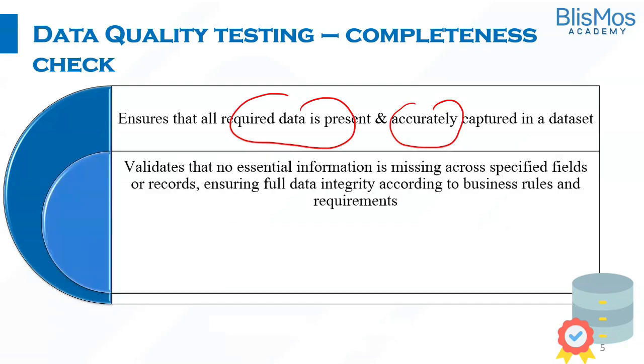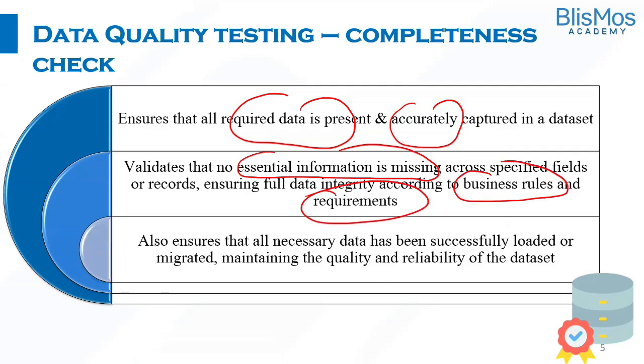Data completeness check also validates that none of the essential information is missing across the specified fields or records. It ensures data integrity as per the specified business rules and requirements.